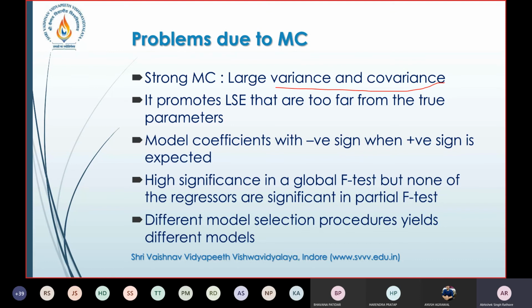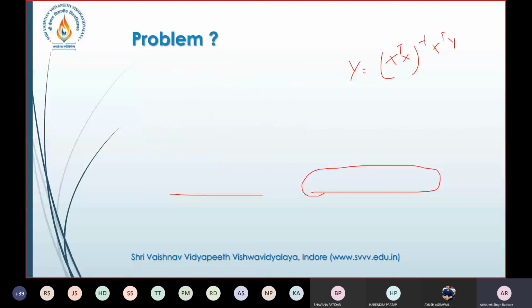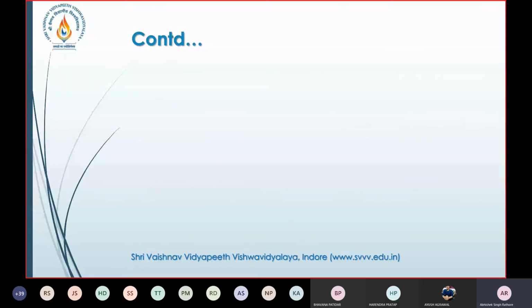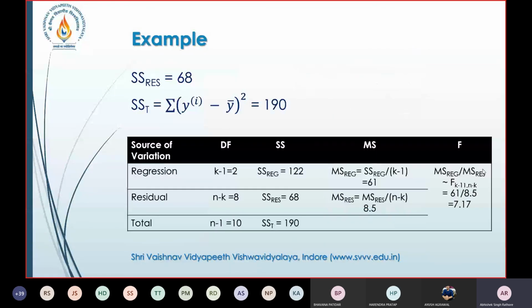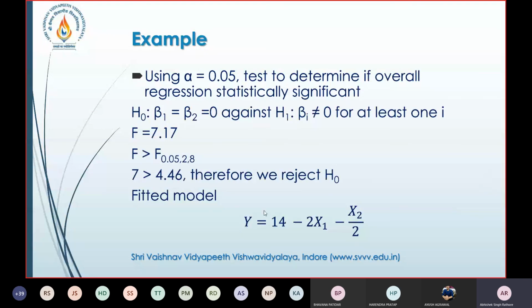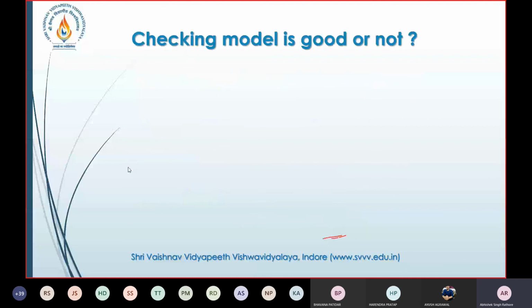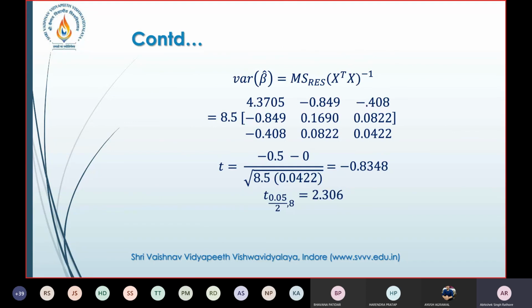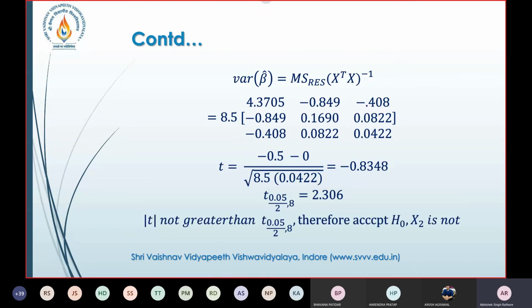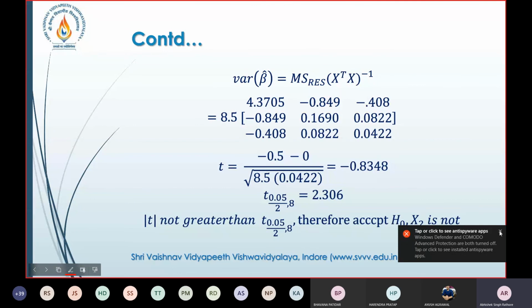Now, the high significance of the global F test, but none of the regressors are significant in the partial F test. So again जैसे हमने यहाँ पर कैलकुलेट करा था, हमने यहाँ पर F test कैलकुलेट करा था ओवरऑल मॉडल का. तो ओवरऑल मॉडल तो क्या बोल रहा है कि मेरा F test बहुत बढ़िया है. यहाँ पे हमने चेक भी करा था, 7.7 is greater than 4.46. Now again हम इसका पार्शियल टेस्ट चेक कर रहे हैं. तो पार्शियल टेस्ट में हमने यहाँ चेक करा था, this x2 is not significant.